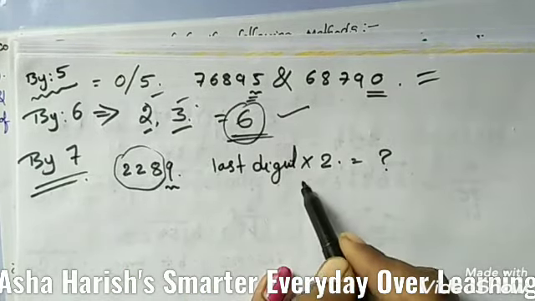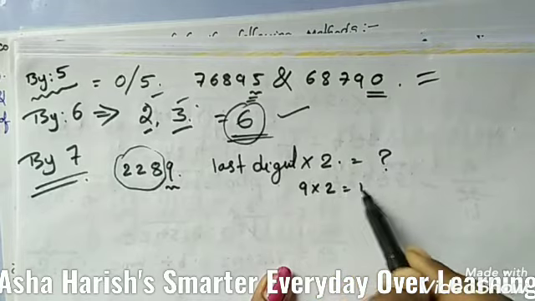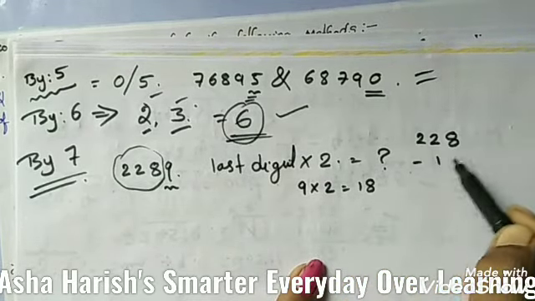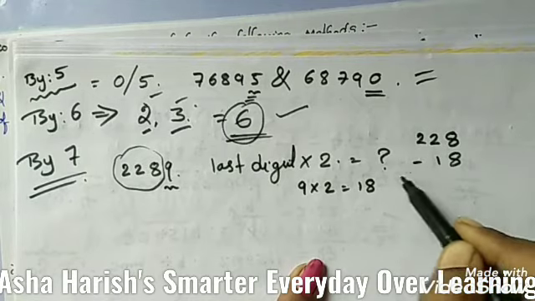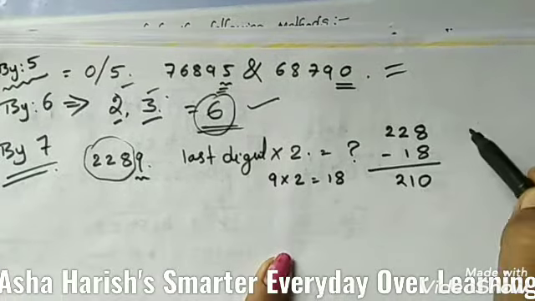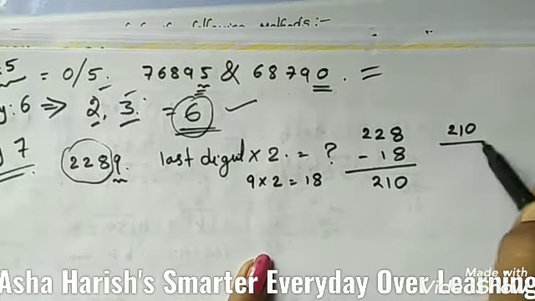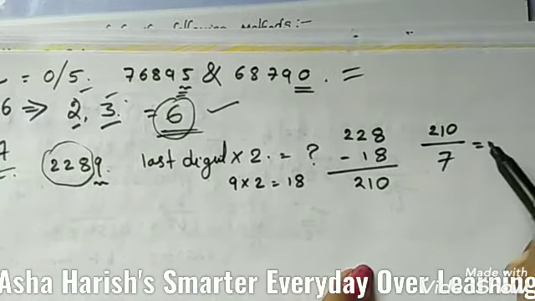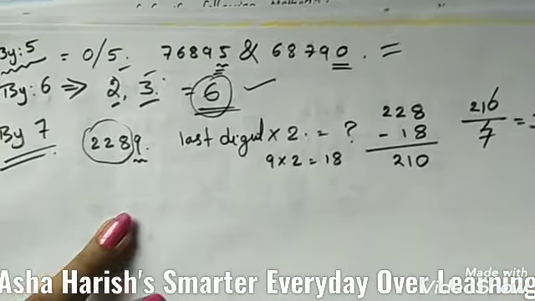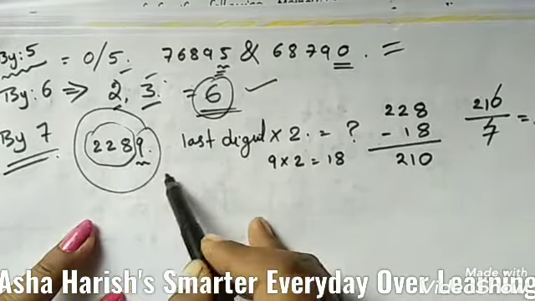Here the last digit is 9, and 9 into 2 is 18. This 18 should be subtracted from 228. Now students, what do you get? 210. If this 210 is divisible by 7, then obviously, how many times, students? 30 times. So this entire number is divisible by 7.